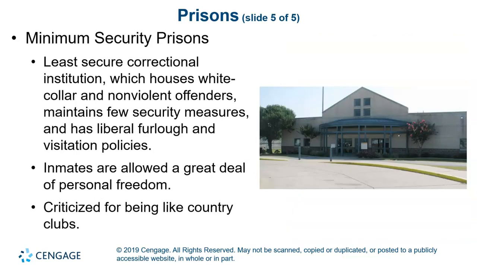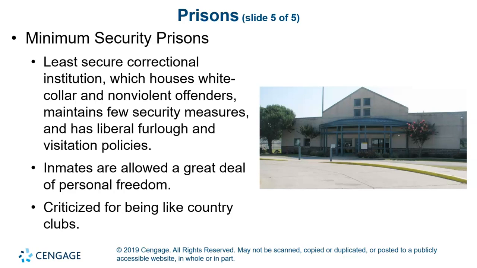And then finally, you have a minimum security prison. This is the least secure correctional institution, which houses basically white-collar, non-violent offenders, property type criminals, maintains few security measures, and has a very liberal furlough and visitation policy. Inmates are allowed a great deal of personal freedom, but they are criticized a little bit for being more like country clubs.